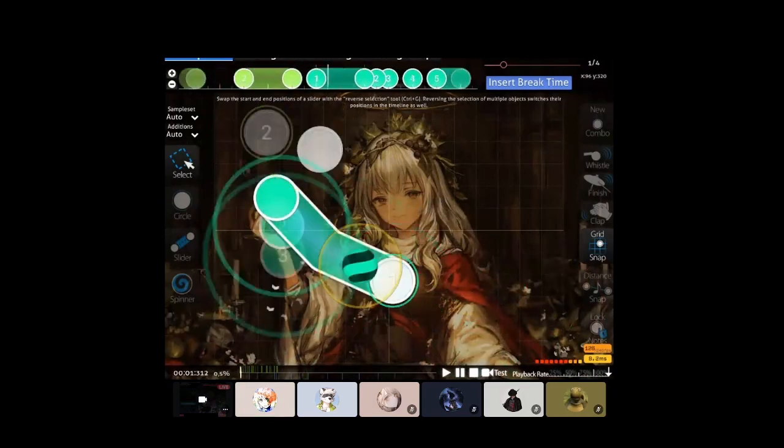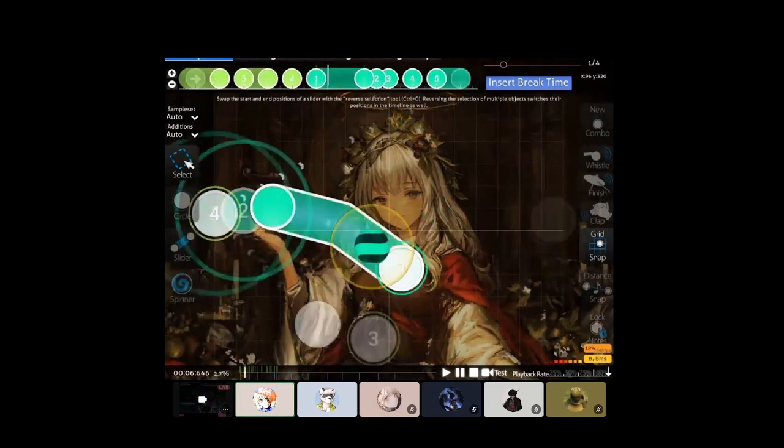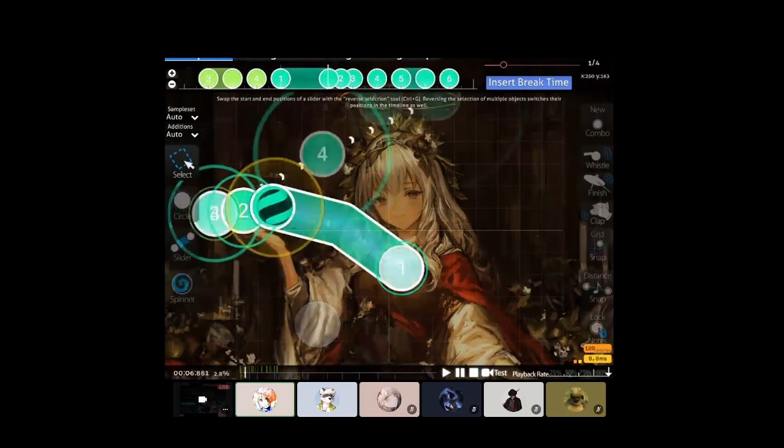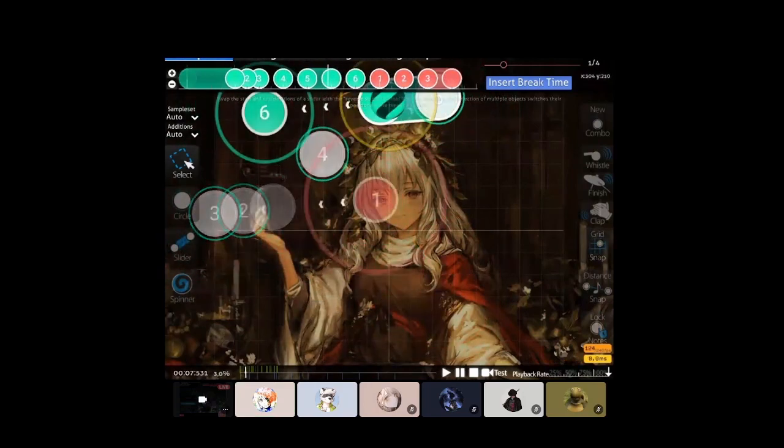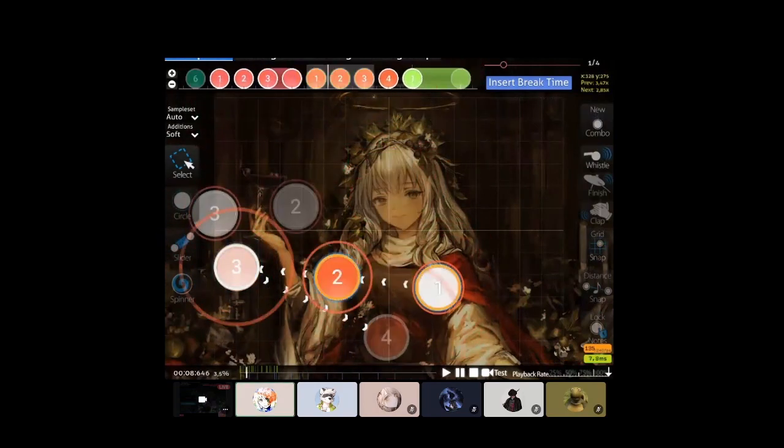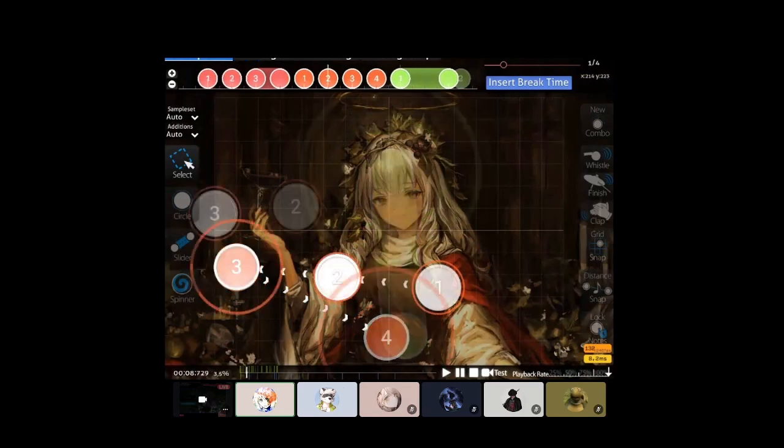But here would be an example. Where is it? Yeah, like this one. I feel like that's a good way to express an increase in pitch, because as I mentioned before, if you flow through it, they sort of speed up over time, and the last note is the one with the most emphasis.